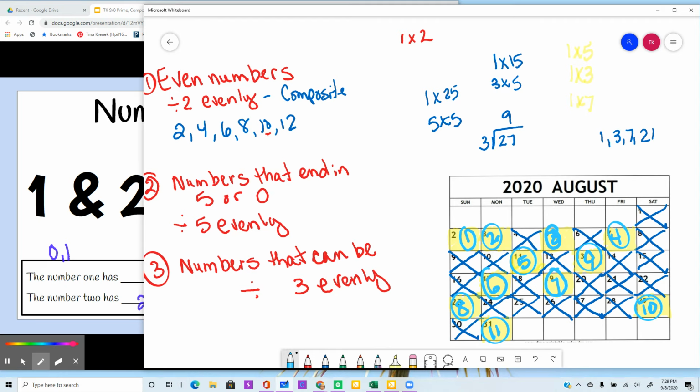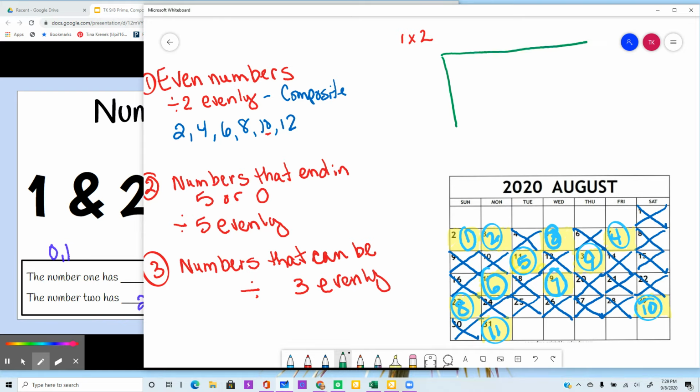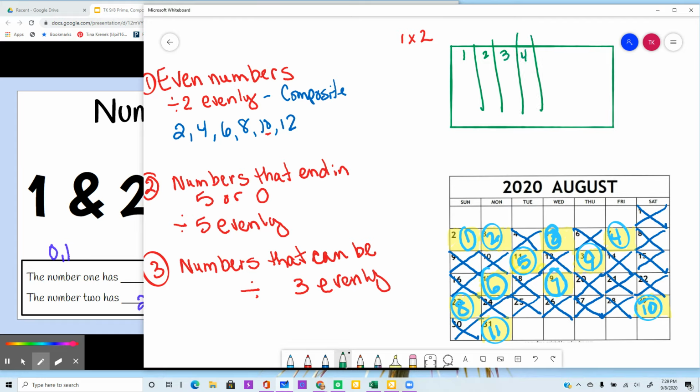Okay, so what I would like for you to do, and make sure you do this, is to make this calendar or table in your notebook. Now, you don't have to make it an August calendar. You can just make a table that lists the numbers from 1 to 30, 31, and just start writing 1, 2, and make sure that you identify which numbers are prime and composite like I have.